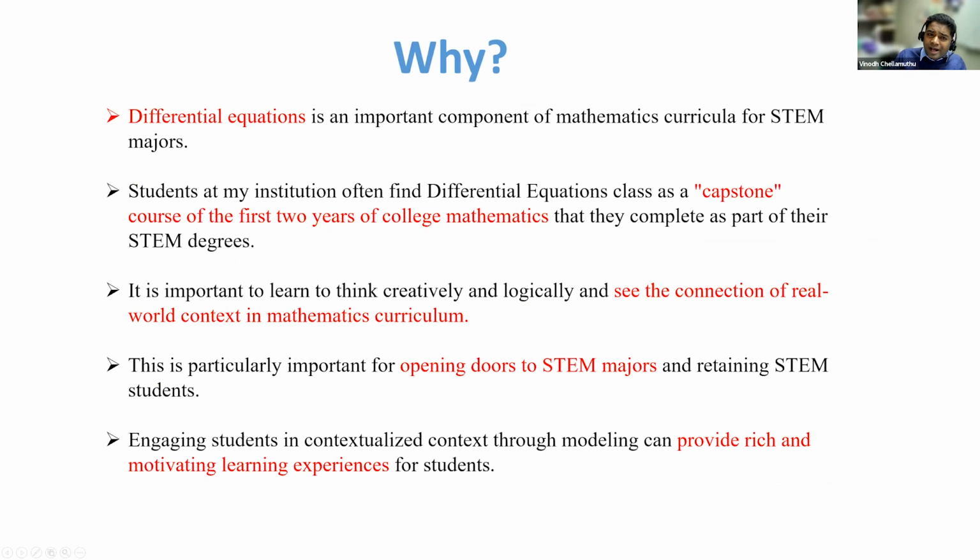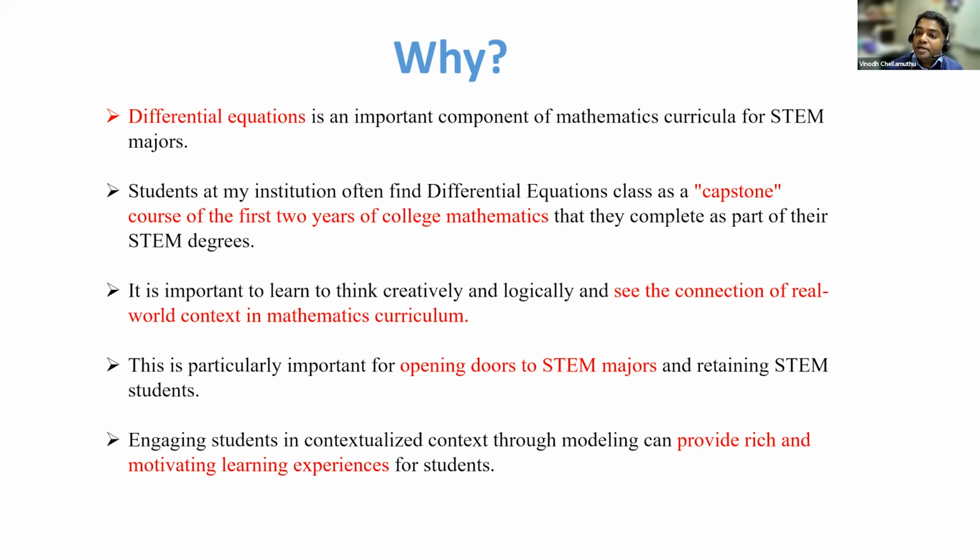So why do I want to do this? I want to give a brief background about my university first. I am at Utah Tech University in St. George, Utah, and it is an open enrollment, open access institution. What that means is we accept everyone, regardless of ACT scores.